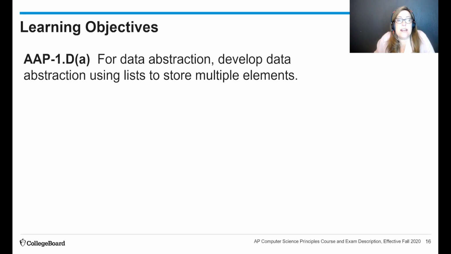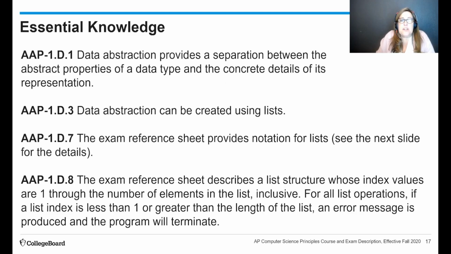So what should you take away? Well, for data abstraction, we can develop this by using lists to store multiple elements. The abstraction provides a separation between the properties of the data type and the concrete details of its representation. We can do data abstraction by creating lists, and the exam reference sheet will give us some notation for lists.